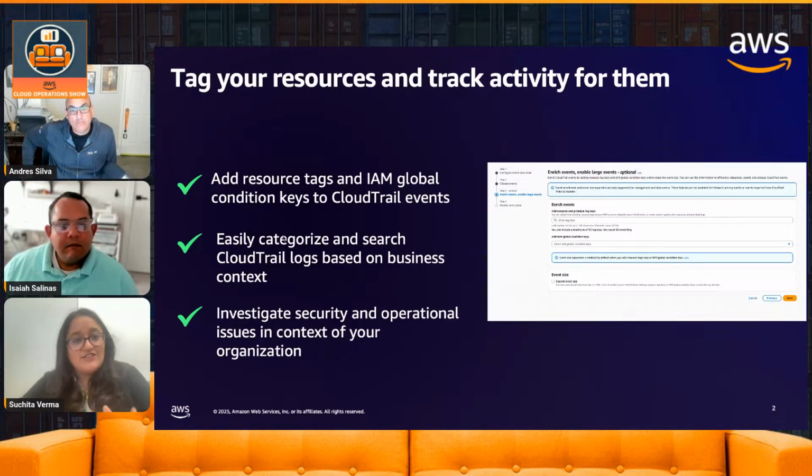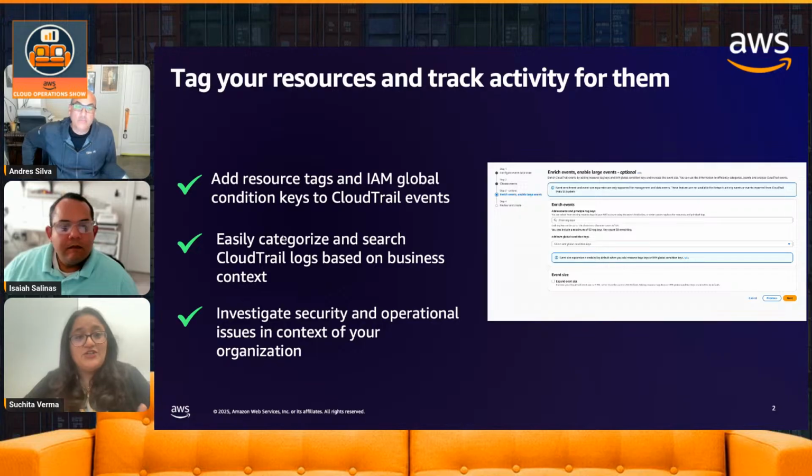So this S3 bucket or EC2 instance is tagged as, let's say, HIPAA compliant. Then they want to answer questions like, who is accessing all my resources that are tagged for this particular compliance? So there is a context. It could be compliance, security, an application because that's how you're grouping it, or it could be cost.